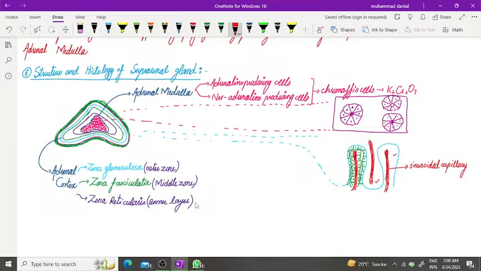Okay, so this is the zona glomerulosa. The zona glomerulosa is responsible for the release of aldosterone.